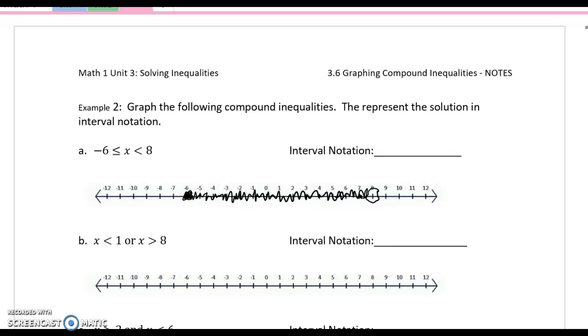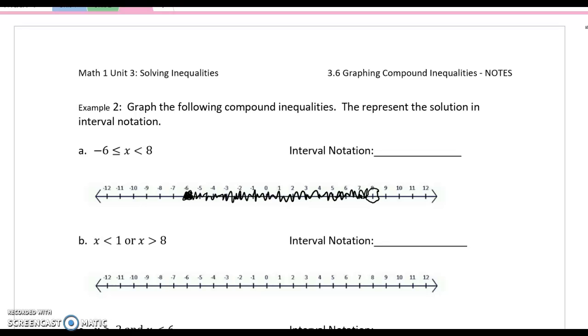Now we need to write the interval notation. Unlike the previous graphs where we always had the shaded part going infinitely to the left or infinitely to the right, we don't have that big arrowhead on either side. What I said before is that when it comes to writing interval notation, you want to match your graph.